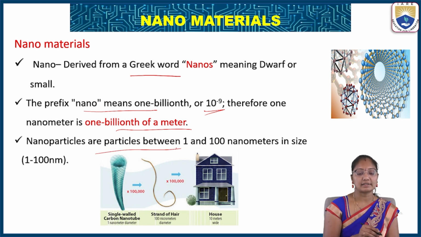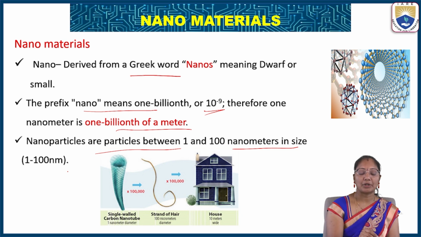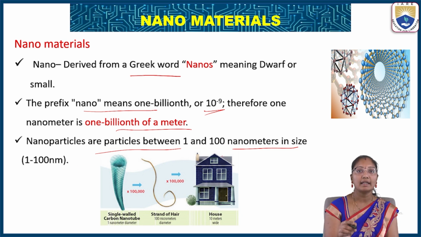The particles between 1 and 100 nanometers in size are called nanoparticles. So nanoparticles vary depending upon their size, from 1 to 100 nanometers.